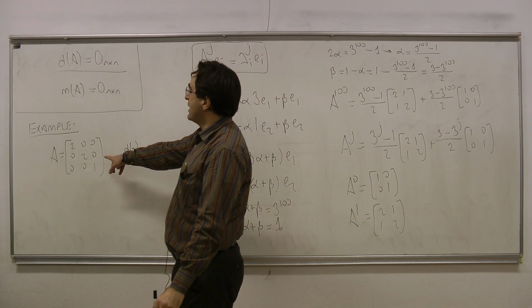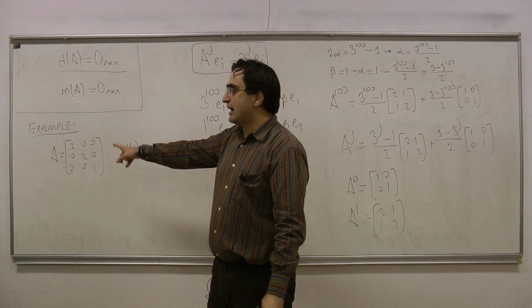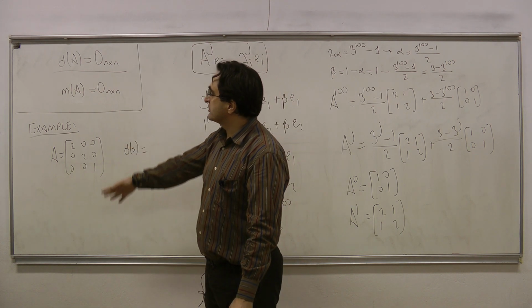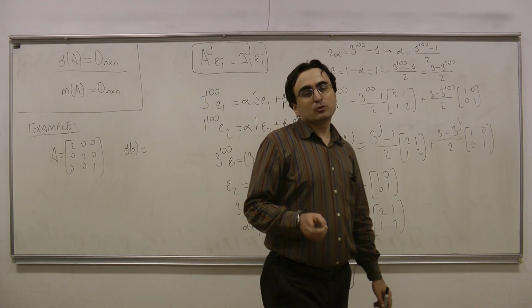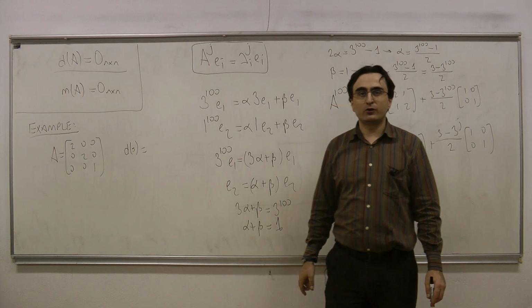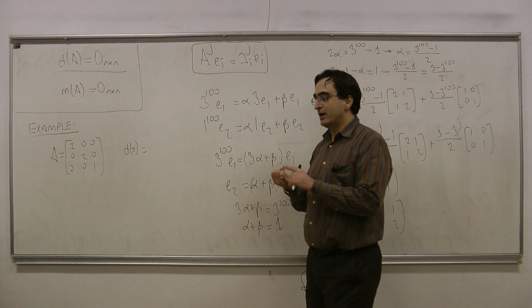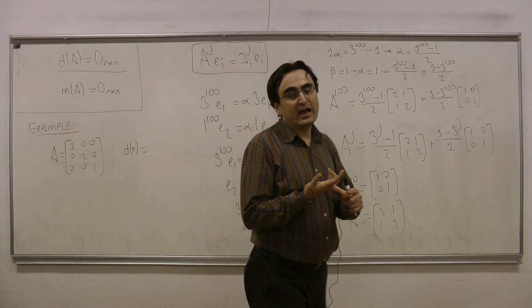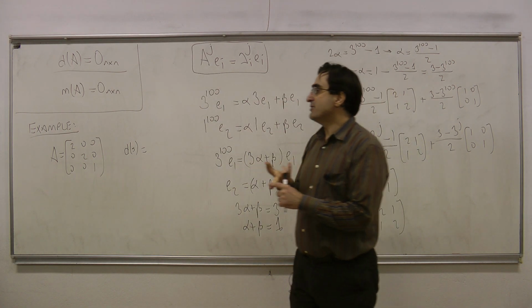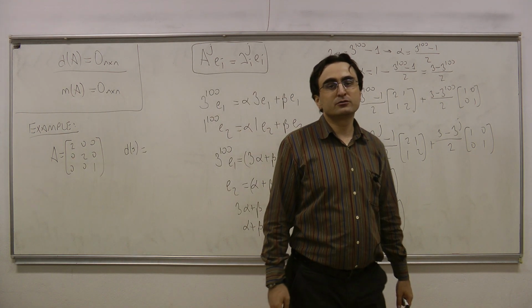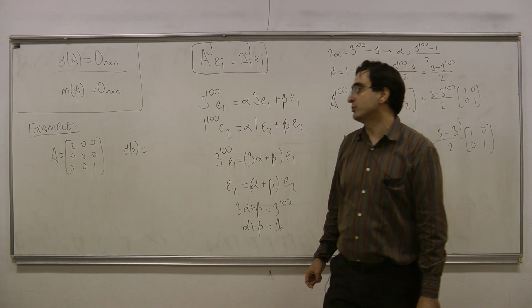When you look at a diagonal matrix, an upper triangular matrix, or a lower triangular matrix, you need to be able to tell me the eigenvalues immediately without making any calculations. For such matrices, eigenvalues are always the diagonal elements. Try to prove this yourself.